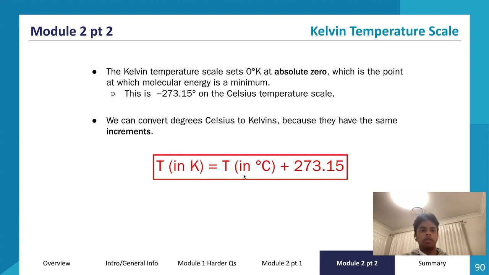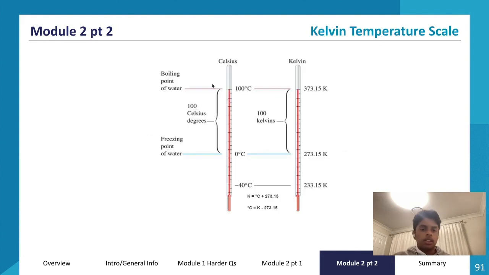That's how we convert between the two of them. Similarly, 10 degrees Kelvin is equal to negative 263.15 degrees Celsius. So the boiling point of water is 100 degrees Celsius, or 100 plus 273.15, so 373.15 degrees Kelvin.